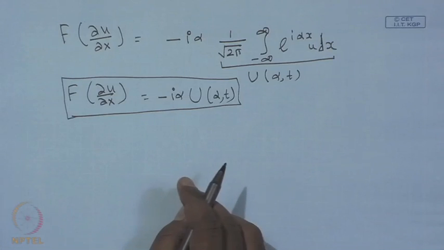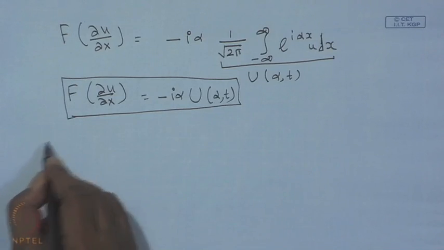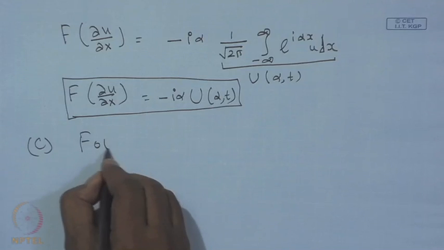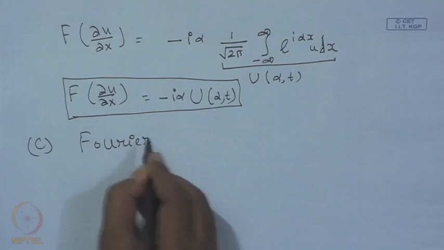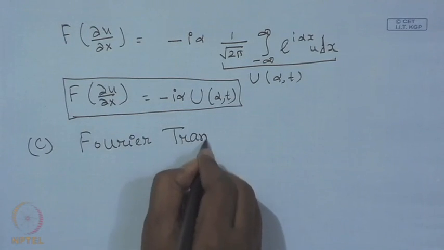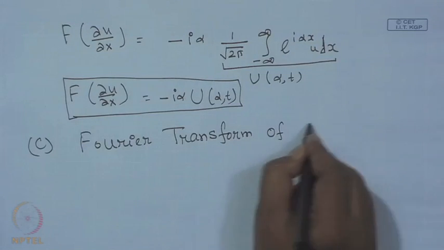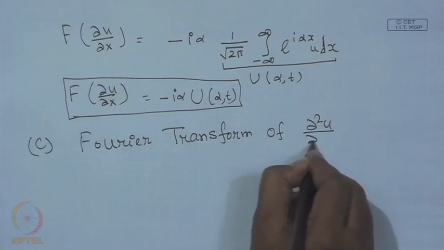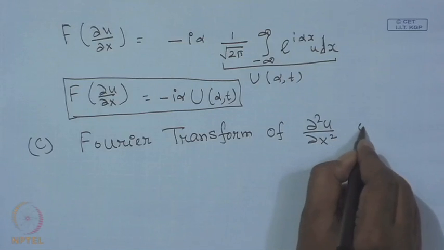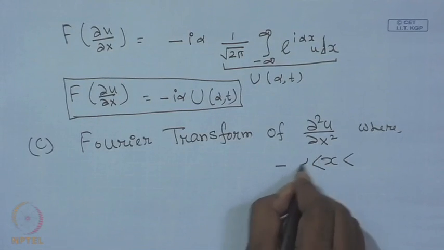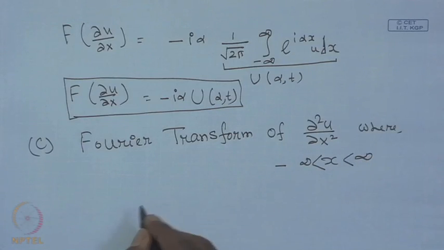Okay. The next property we see is the Fourier transform of del square u del x square, where x lies between minus infinity to plus infinity.